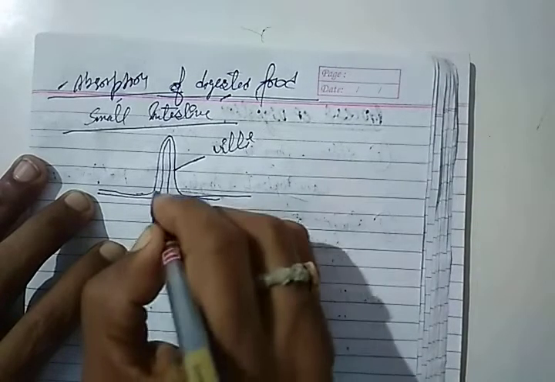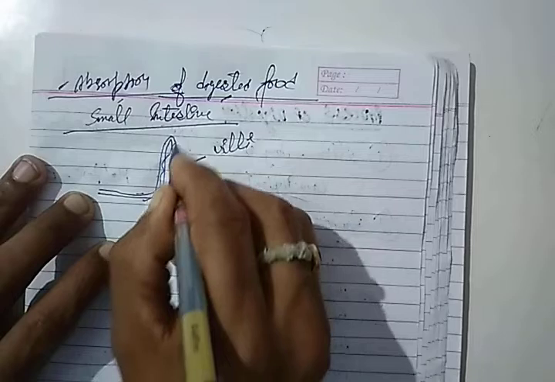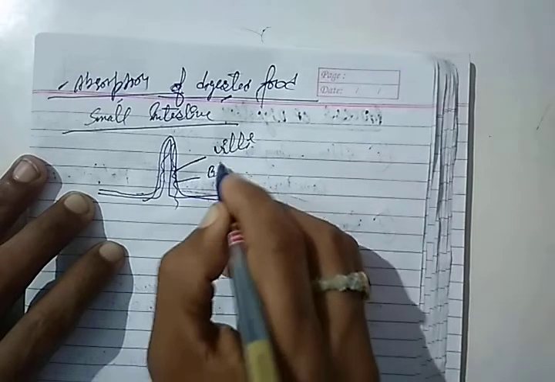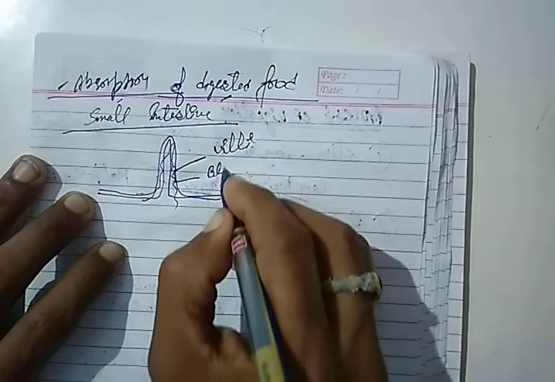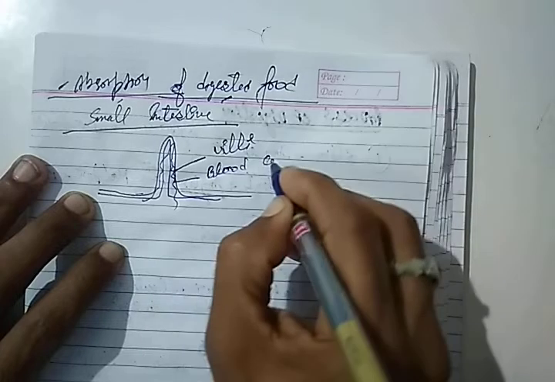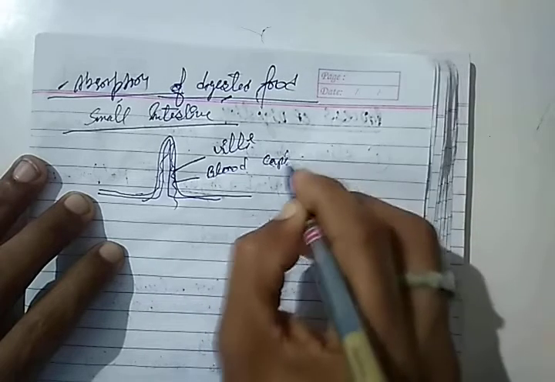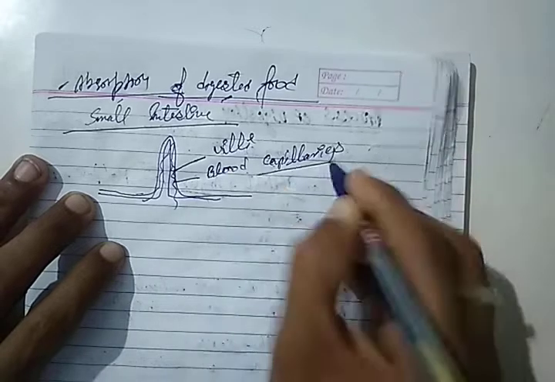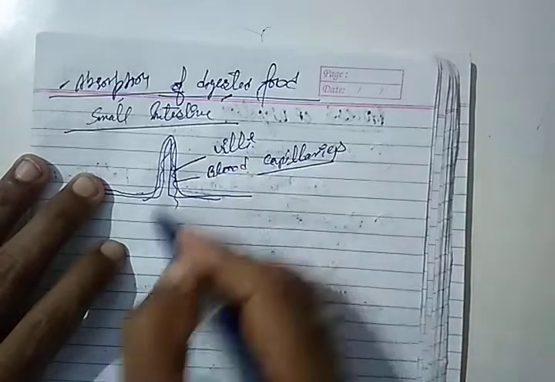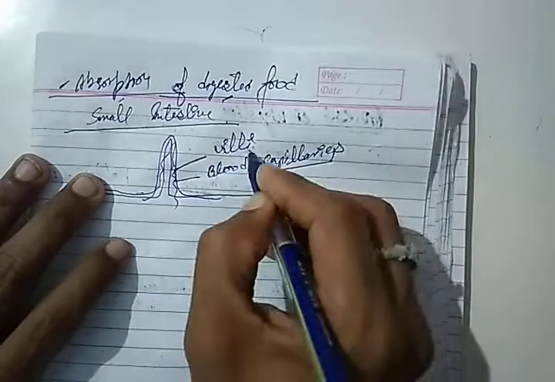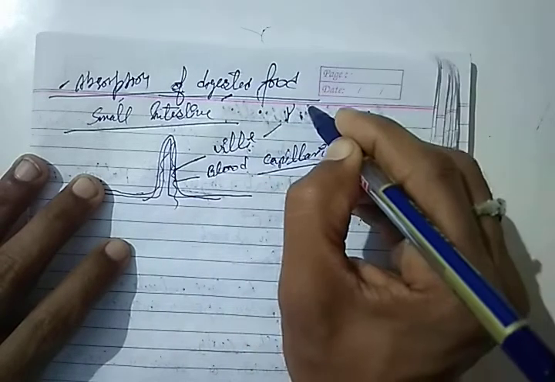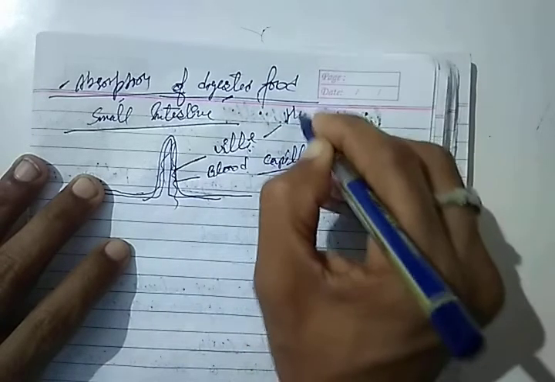Inside the villi, blood capillaries are present. On the villi, some other small structures are present which are called microvilli.